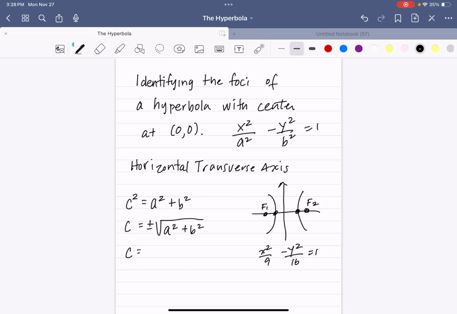So c is going to be the plus and minus square root, look, of a squared, 9, and b squared, 16. And you add those, okay, even though that y is minus, you're going to add a squared and b squared. So that's the plus and minus square root of 25. So your c's are at plus and minus 5.